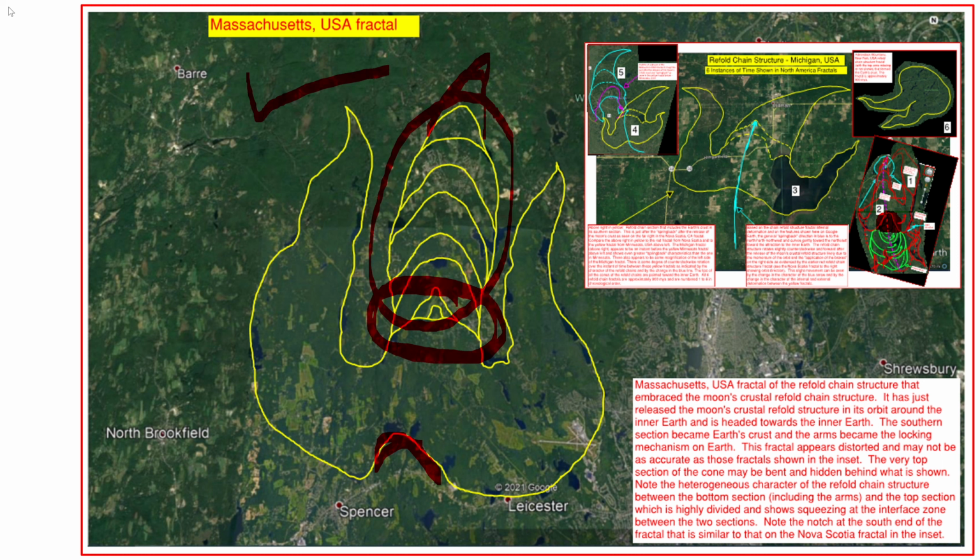It's like it's being pinched there, the deformation is like a squeeze type thing. So in a sense, you see that even on the inset, I'm highlighting the yellow fractal. There's a little bit of a squeeze going on in that zone. So this is another expression here. Not as good as the other ones, though.